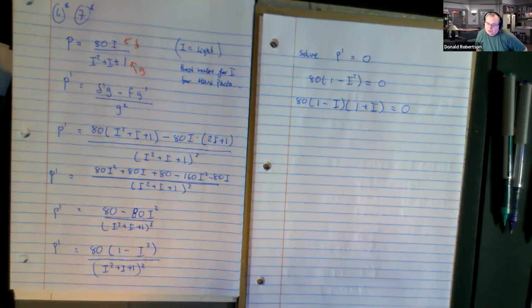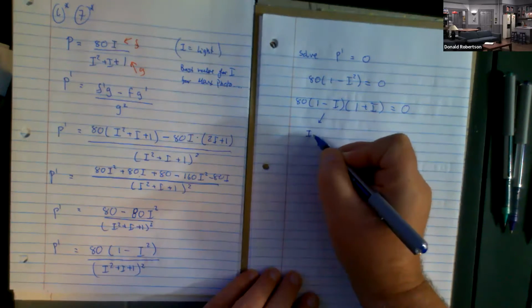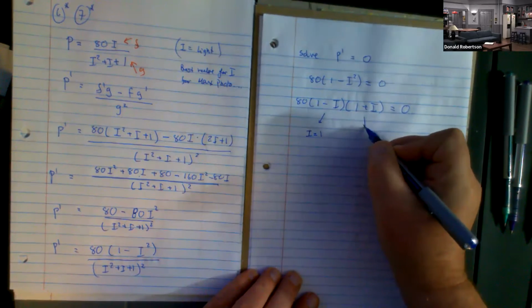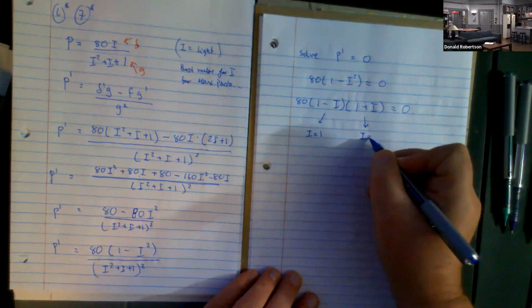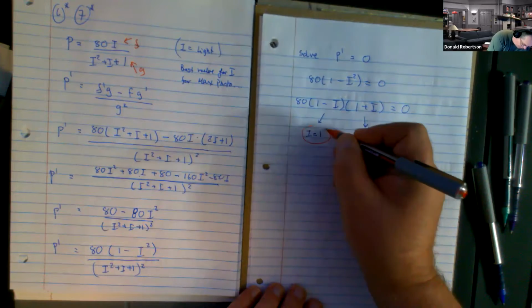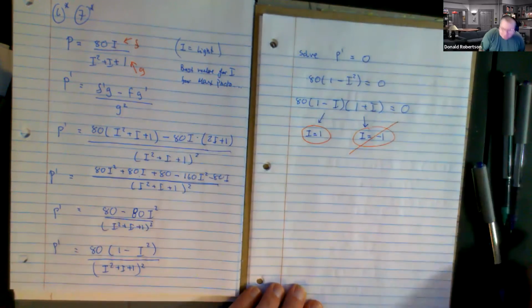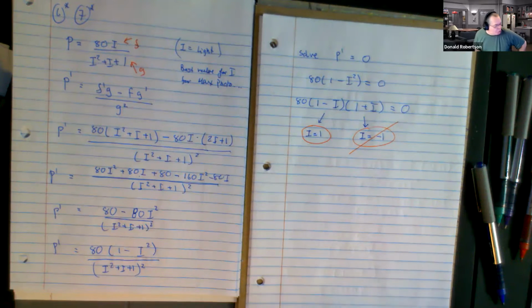Isn't 1 minus i squared the difference of 2 squares? So it looks like we have 2 answers. But typically you can only have 1 correct one. I'm keeping that one, and that's the correct answer. And I'm killing that one.